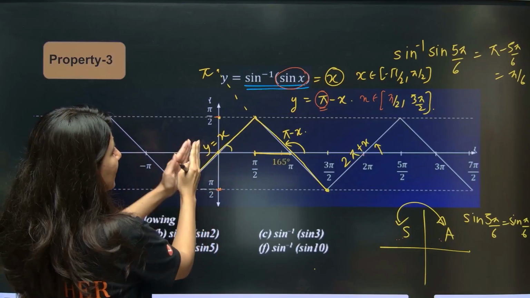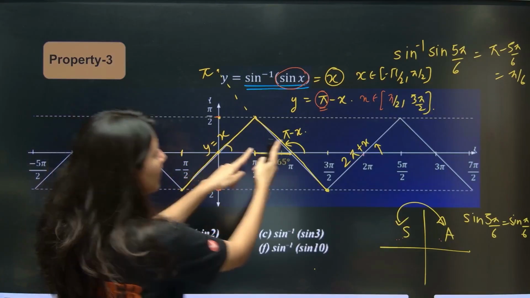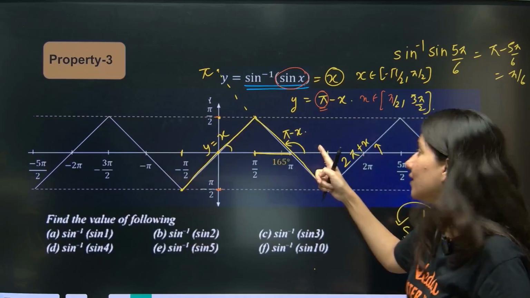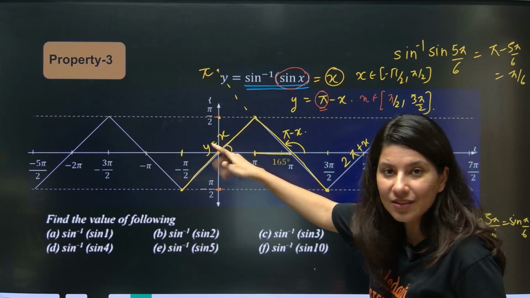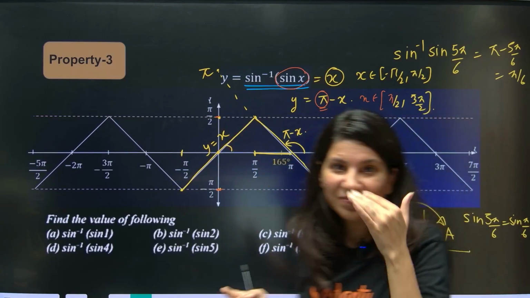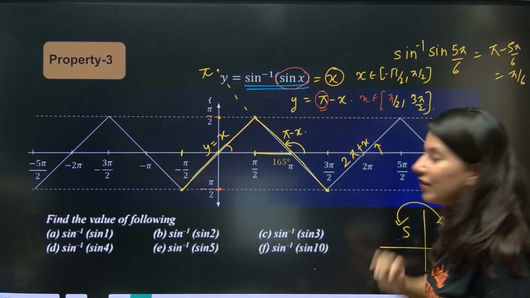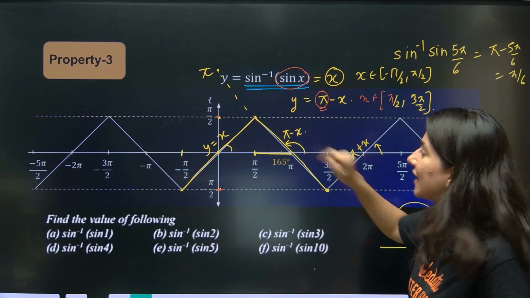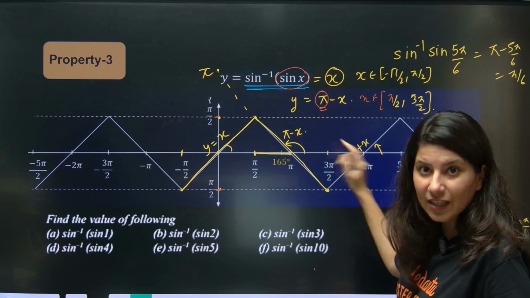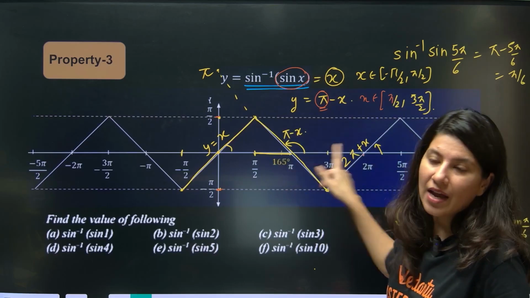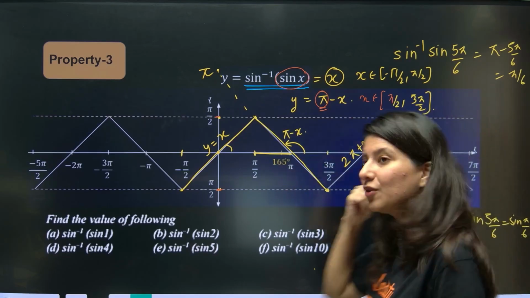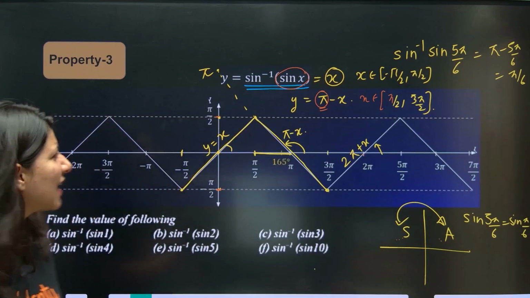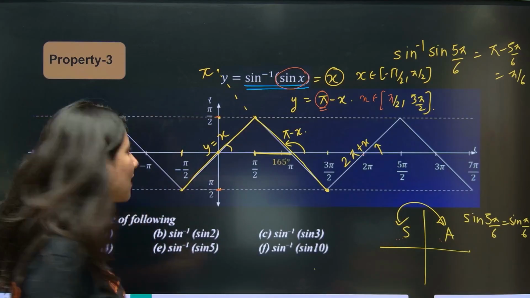Now you have to just add pi to it and change the sign of x. So x was there. Next graph will be what? Ma'am, this was x. So now it will become minus x and add pi. Next, it will be add pi. So 2 pi and plus x. 2 pi plus x. And you know what? This graph is exactly similar to your sin x graph also.